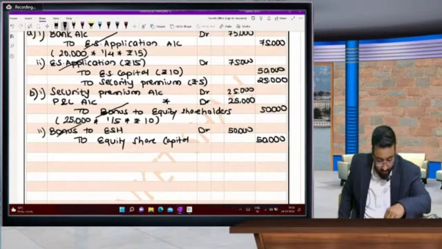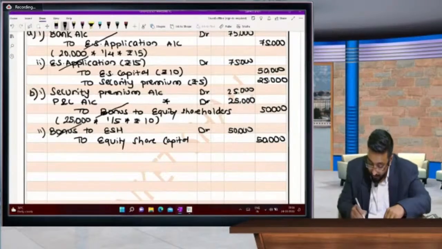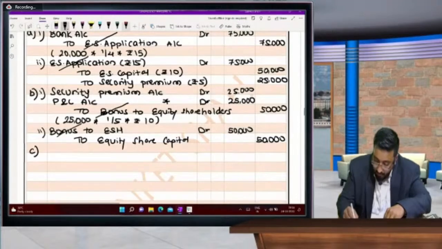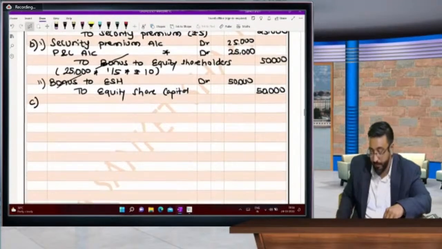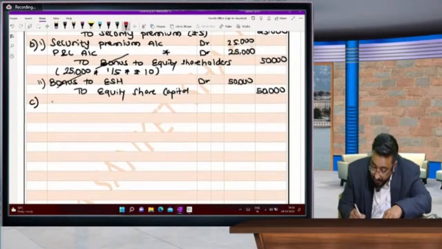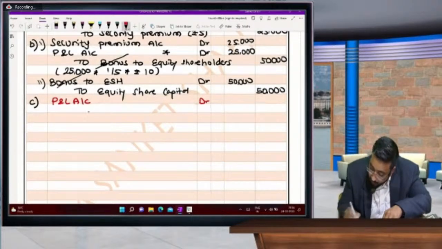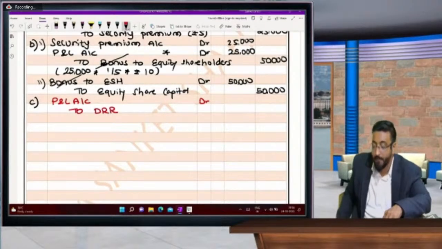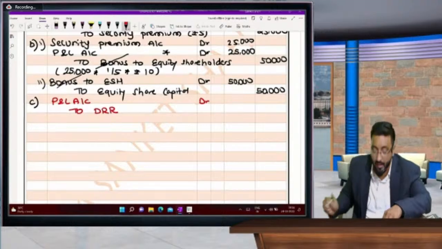Third entry, hidden entry, DRR. Create DRR. DRR has a credit balance and it is created out of profit and loss account. Very, very important entry: profit and loss account debit to DRR.